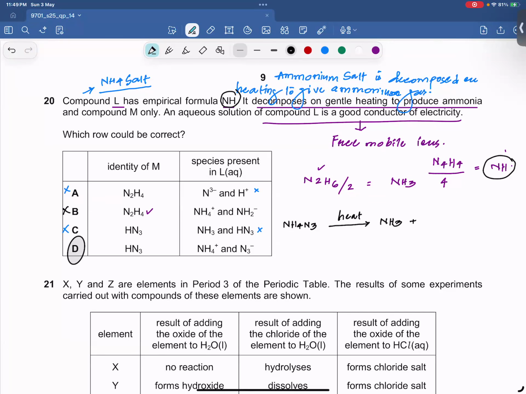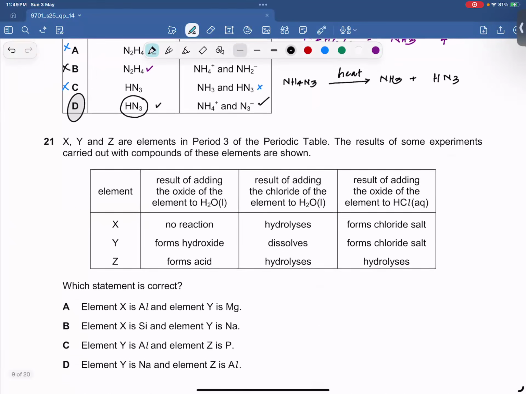So what's left from here? 1 hydrogen and 3 nitrogen. 1 hydrogen and 3 nitrogen combined together to give HN3. So HN3 is given. Hence proof. Both of them are right. So D is going to be the right answer, okay? That's a tricky part, okay? Anyway, question 21.